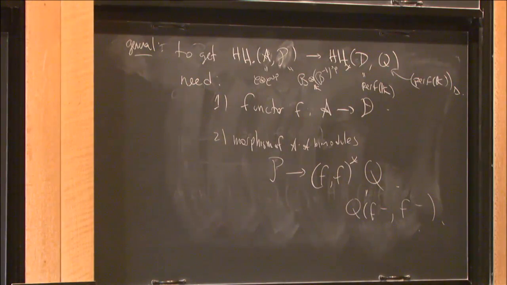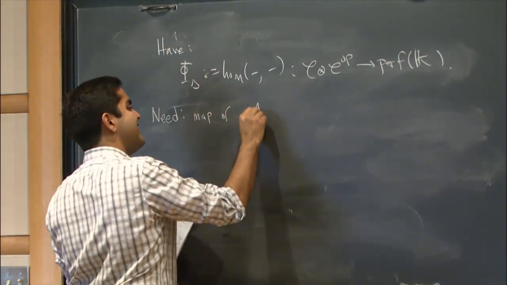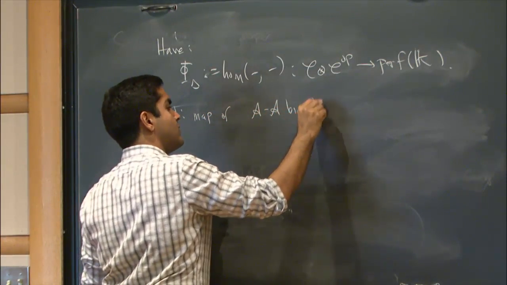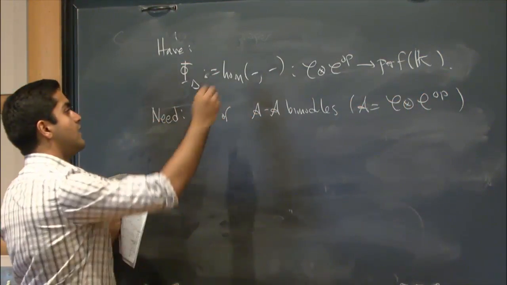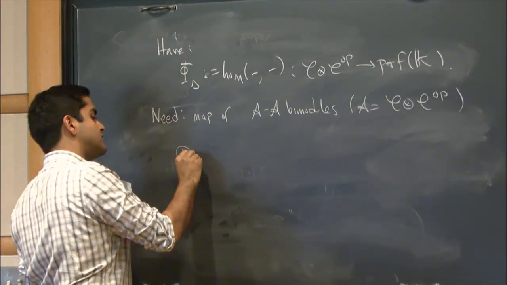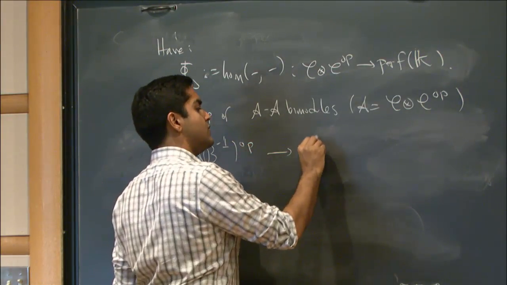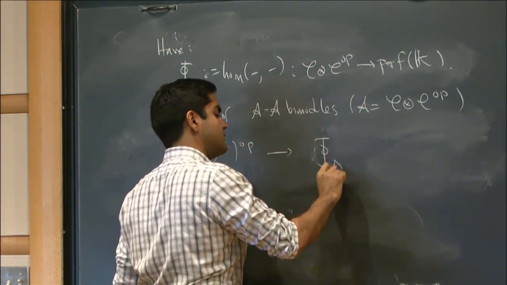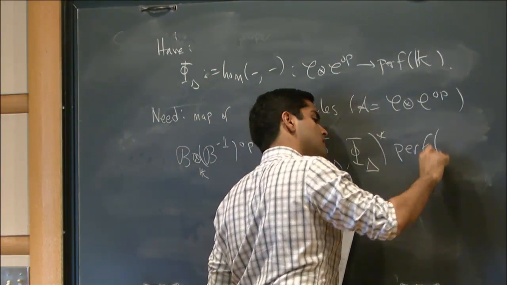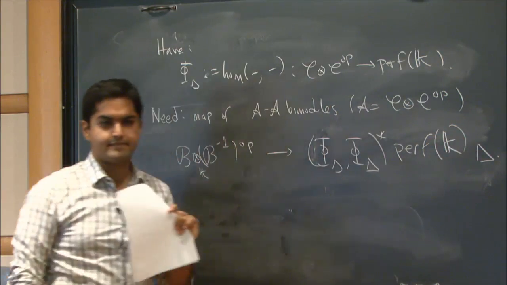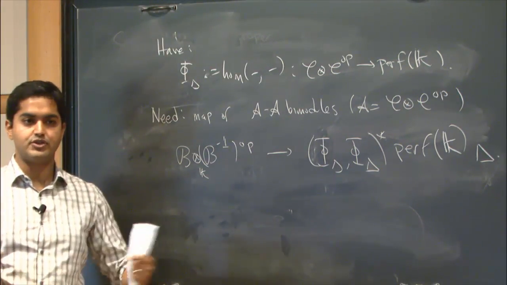What we need is a map of AA bimodules, where A equals C tensor C op, between B tensor B inverse op and the pullback of the diagonal bimodule. It looks a little messy, but you can just unpack all of this.